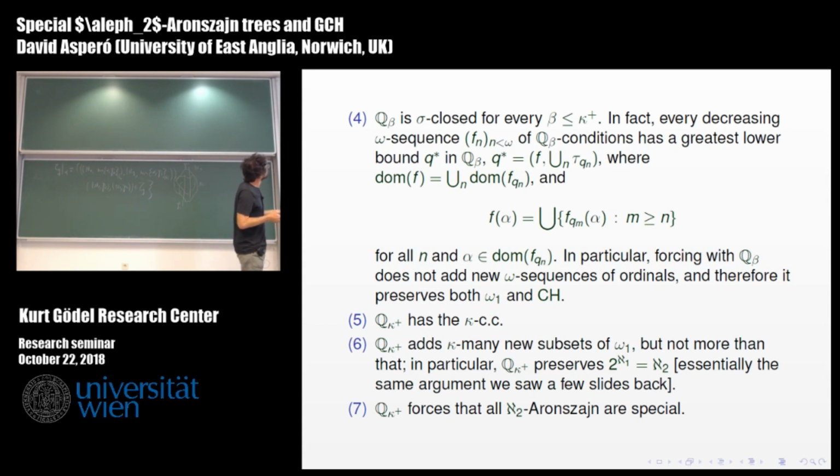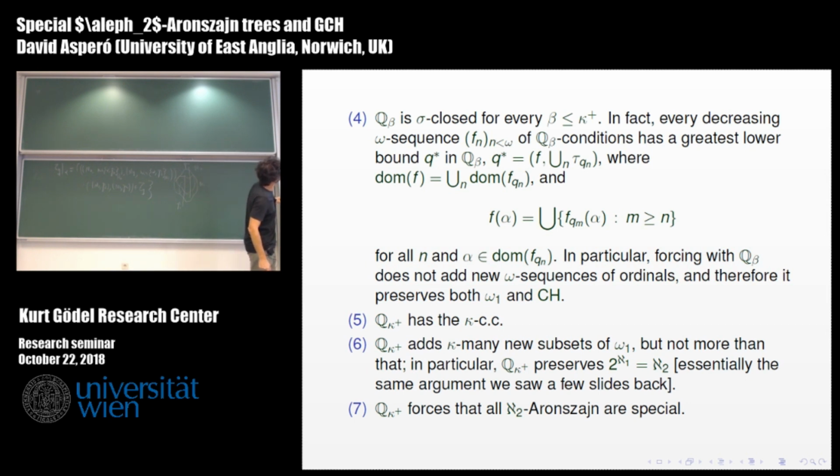In fact, take any decreasing sequence Fn of length omega of conditions, then it has a greatest lower bound Q star, where you take the union of the side conditions, and F, where the domain of F is the union of the domains, and F of alpha is simply the union of the FQm of alpha for all indices m at least n. So just the natural thing. And again, this is trivial. Just go back to the definition and look at it.